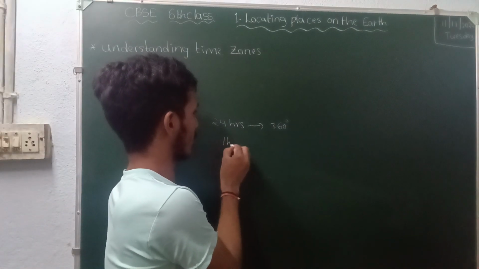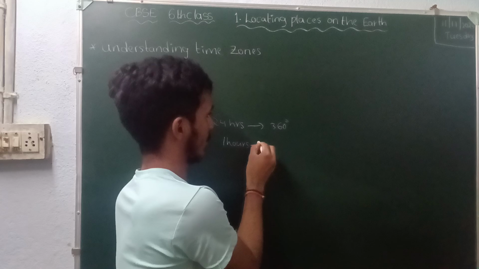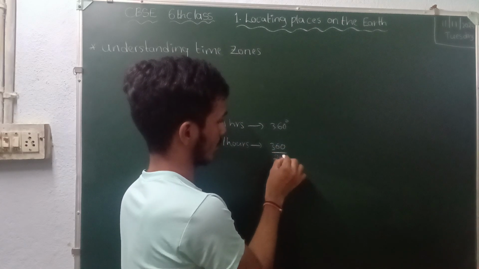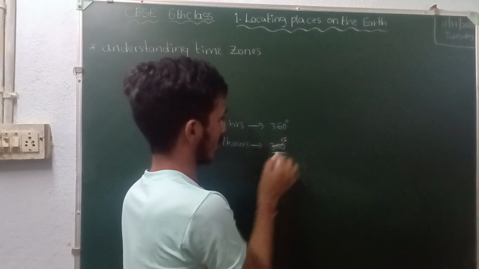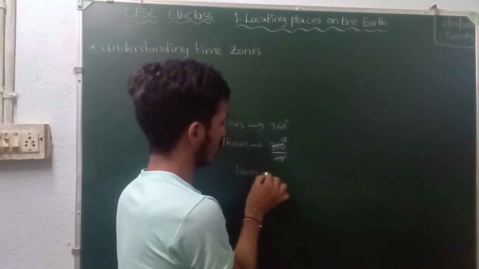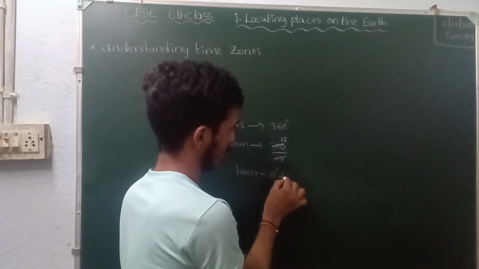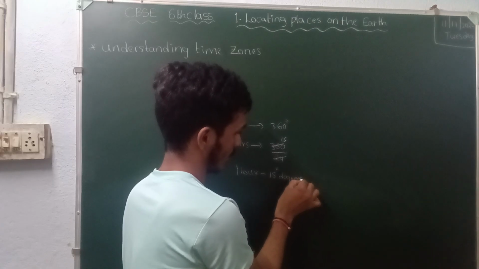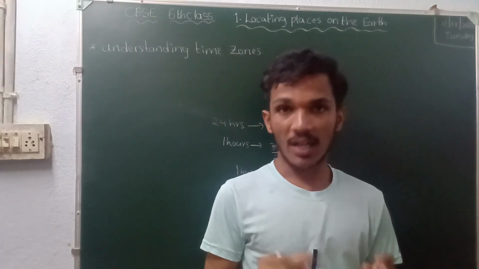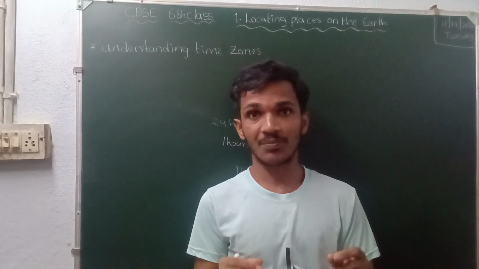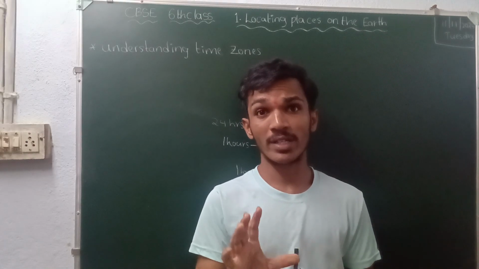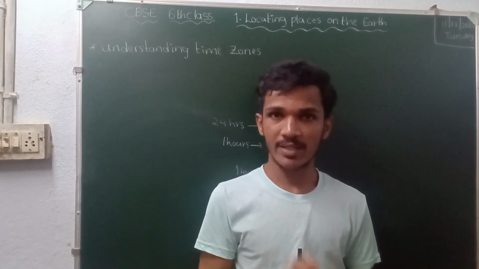So in 1 hour the earth rotates 360 by 24, which is 15. So finally we came to the point that our earth rotates 15 degrees in 1 hour. In 24 hours, the earth rotates around itself a total of 360 degrees.